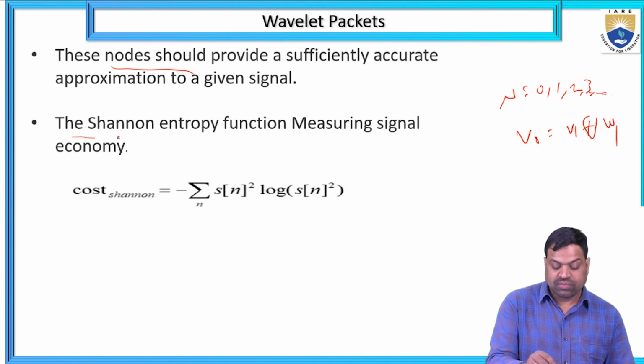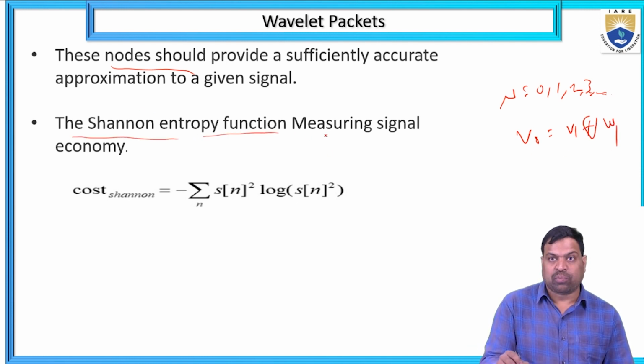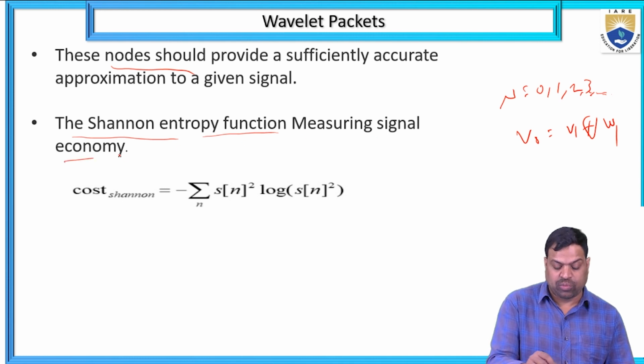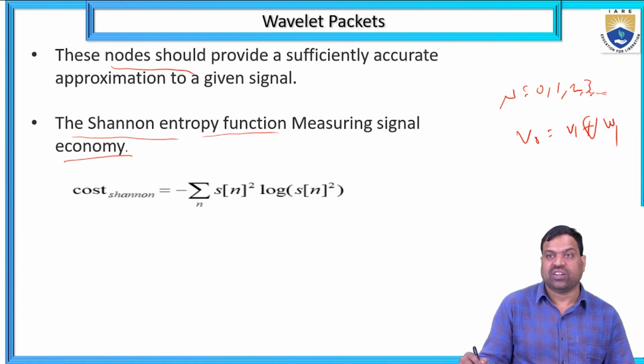So the Shannon entropy is applied here for measuring the signal economy. The Shannon entropy is for finding out the decomposition of a signal; it is the measure of signal economy from the input to output. So what is the equation for Shannon entropy?